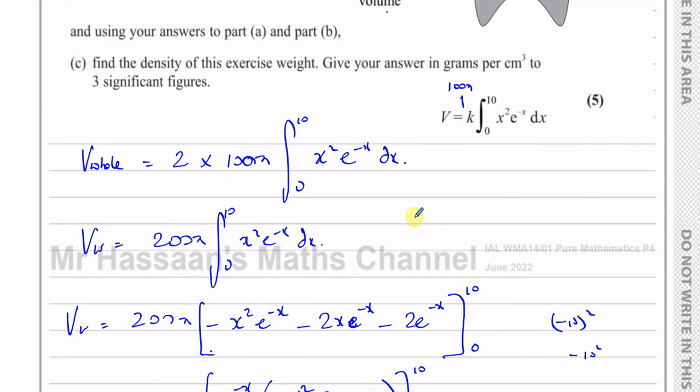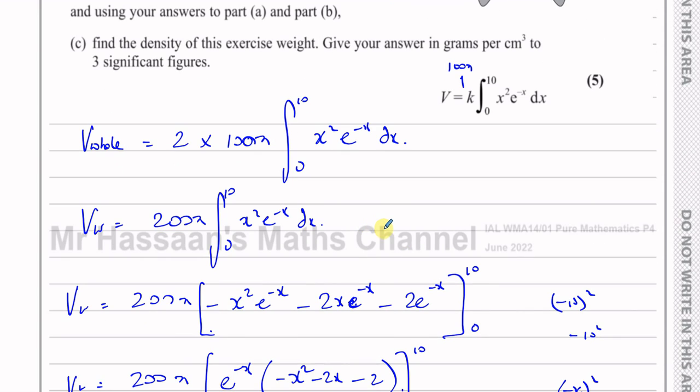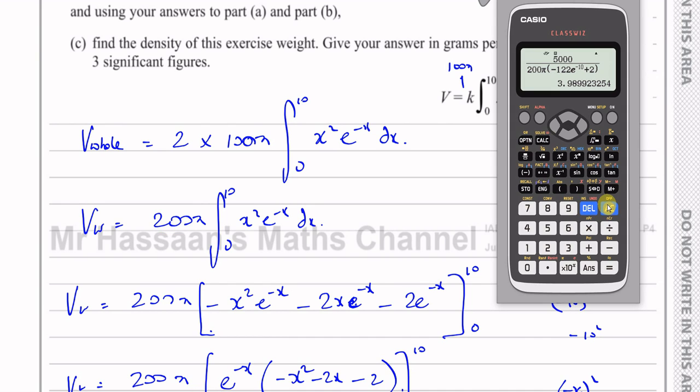Now, if we want to check our answer is correct, what we can do is take our 5,000.